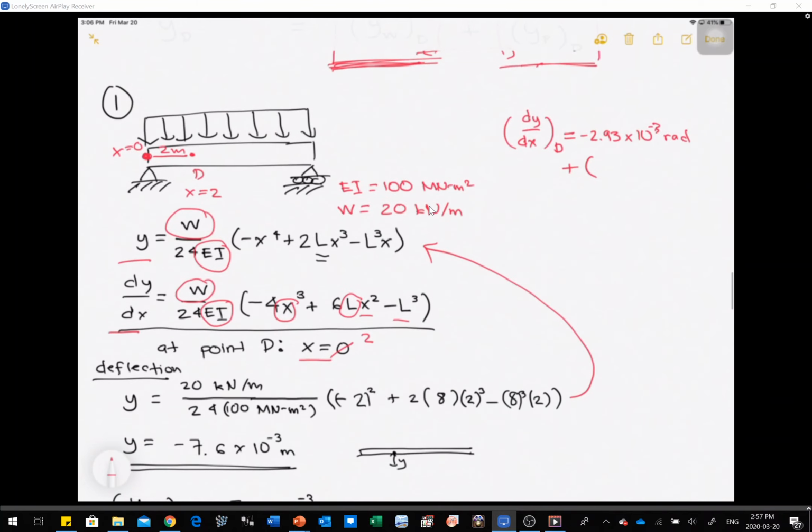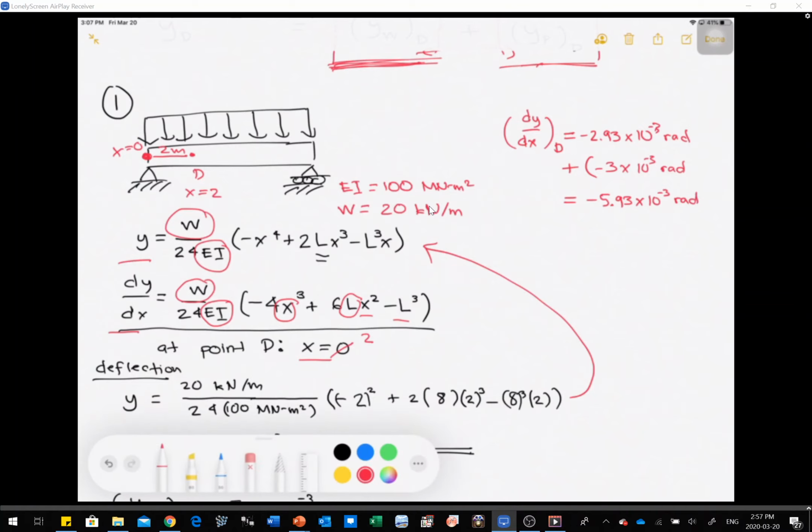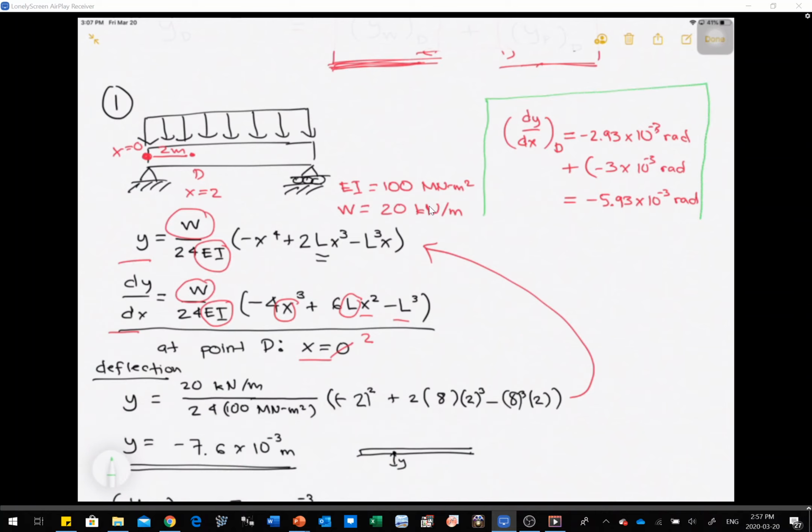So that's negative 3 times 10 to the negative 3 radians. And then we're going to get a value which is equal to negative 5.93 times 10 to the negative 3 radians. So that would be the final answer for the slope of your beam. So I'm going to change it into green.